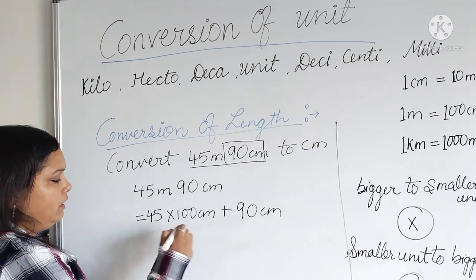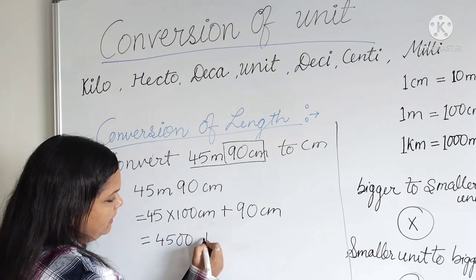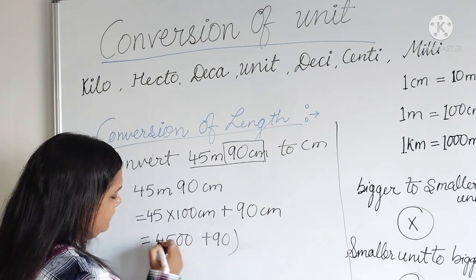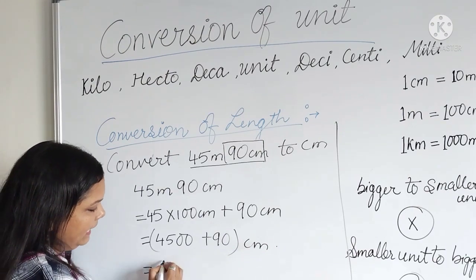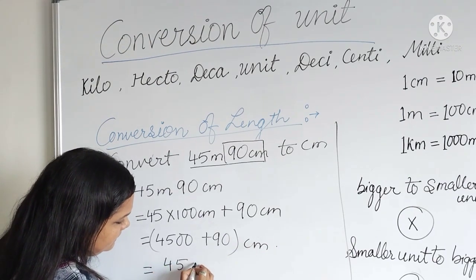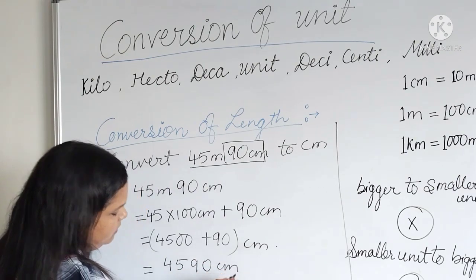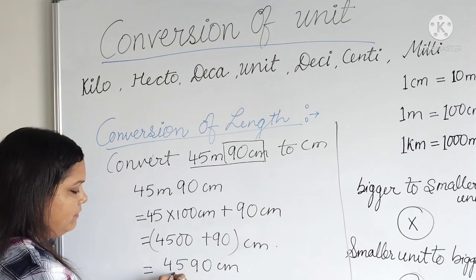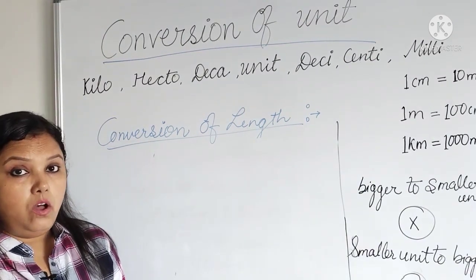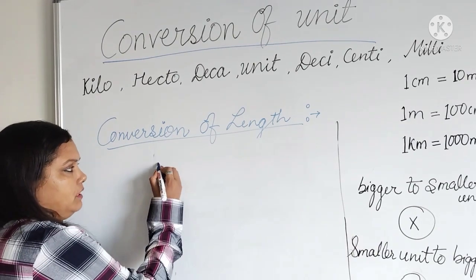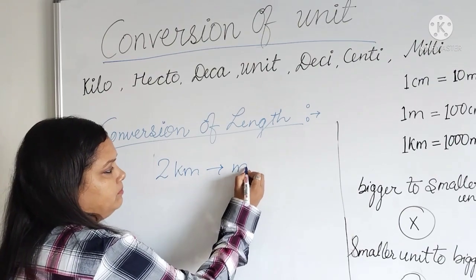Now do the calculation: 4500 plus 90, in centimeter. When you add it, the answer is 4590 centimeter. Okay, simple.